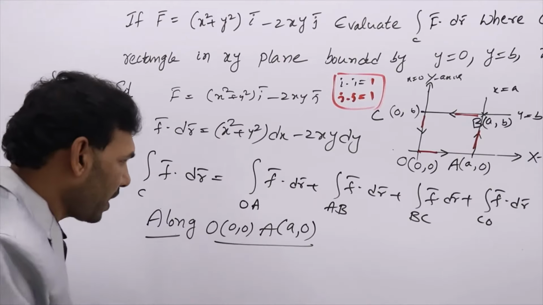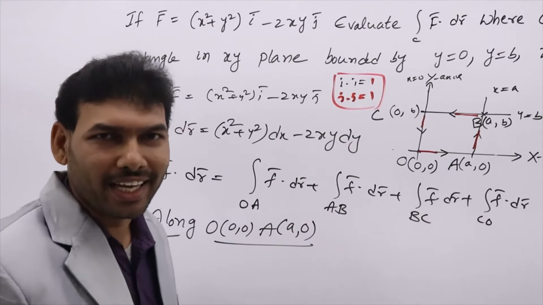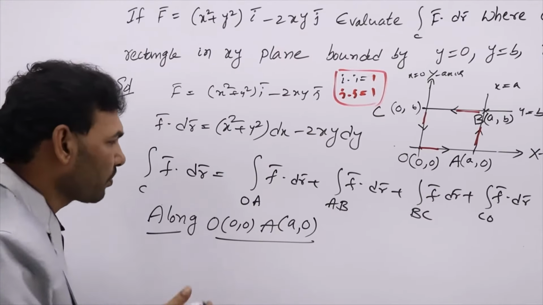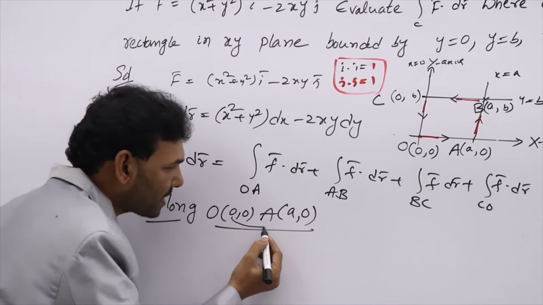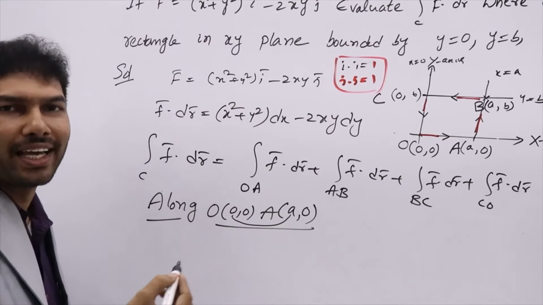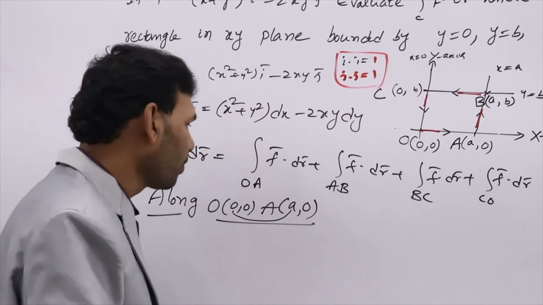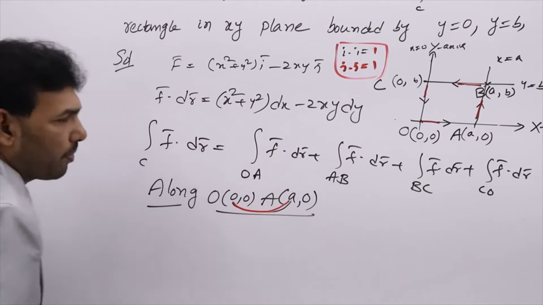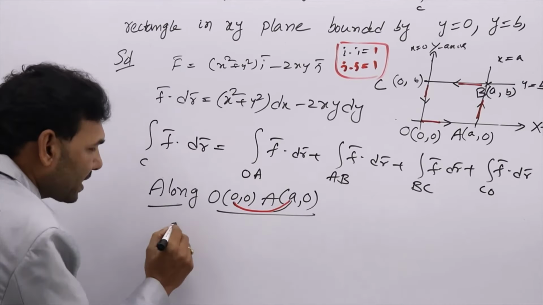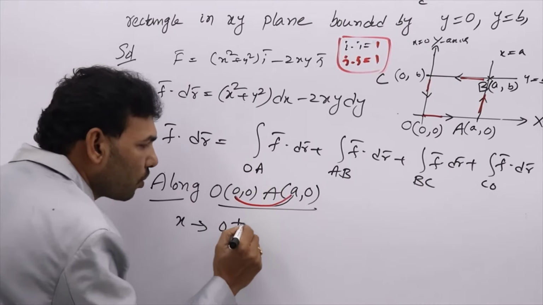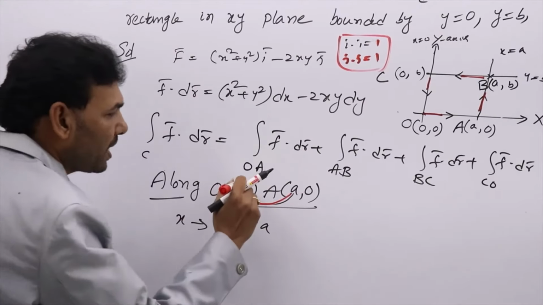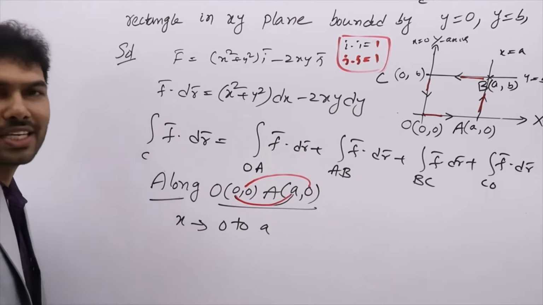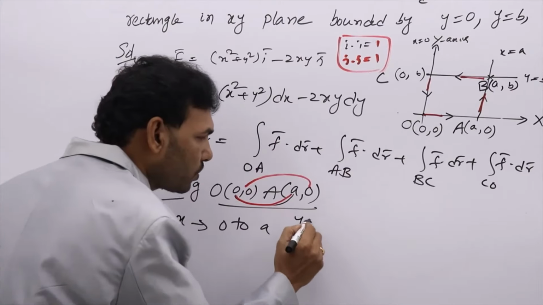For that you need to check which variable is varying and which variable is constant. If you observe the x coordinates, the x coordinate is varying from 0 to a, so the x limits are 0 to a. But y is constant, y is not varying. Y equal to 0.